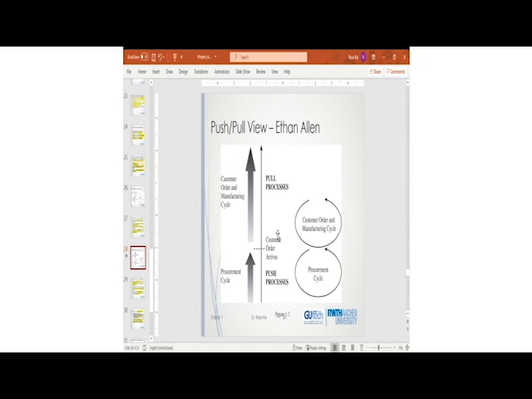When it comes to the customized product, the view will be pull process. But when it comes to the procurement cycle, regarding the long lead time, they prefer to anticipate the demand of raw materials by connecting the raw materials and final product, and then here they are just following a push process.